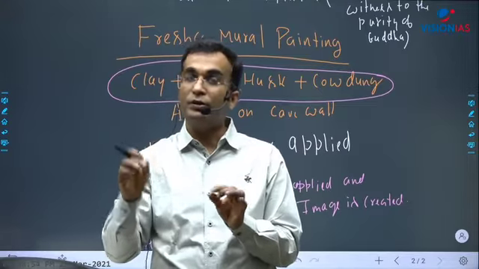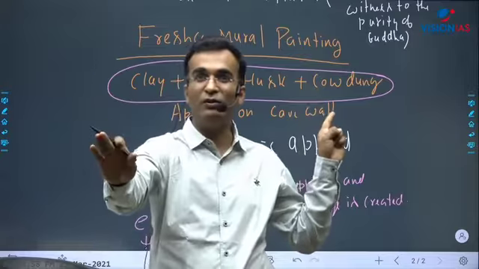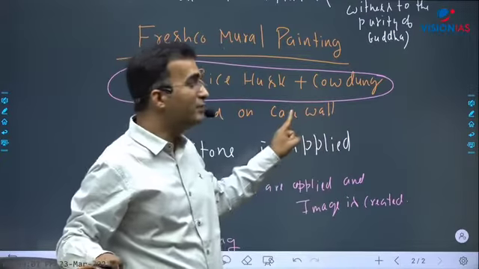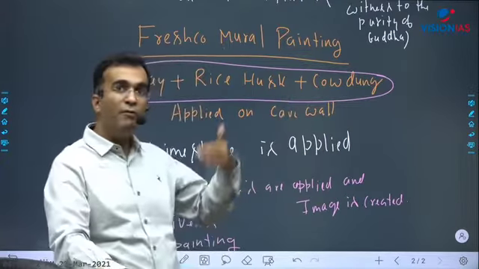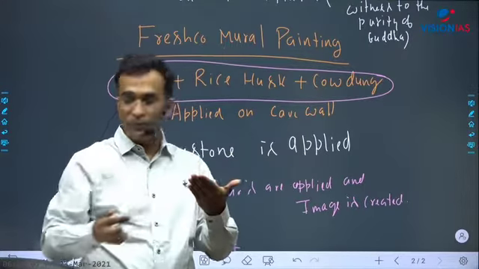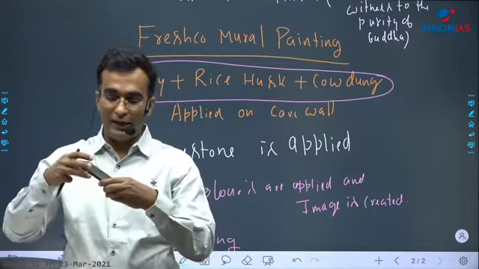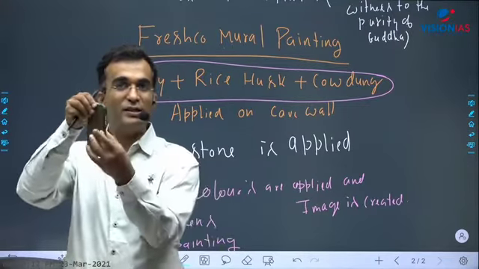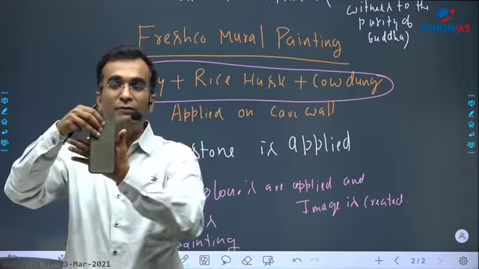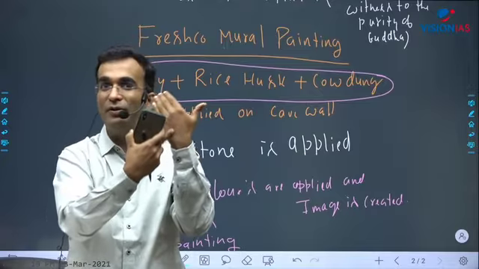ठीक है? So the painting you have created on this mixture, not directly on the wall of the cave, but what this mixture does is that slowly over the period it absorbs the color and imprints it in the wall. So जैसे कि मान लो that this is the wall of the cave, and here this is the mixture, this much thickness is the mixture. So if you have created some image on this one, it is absorbing and it is imprinting on this wall.